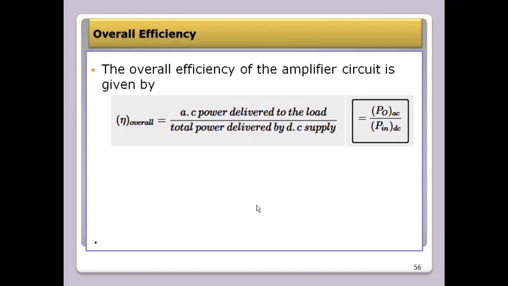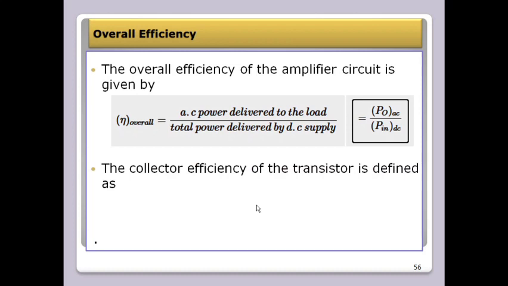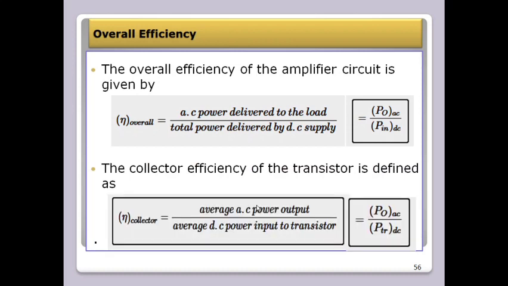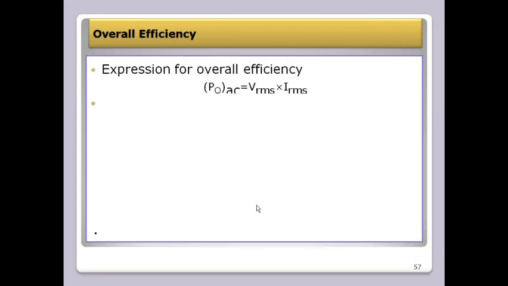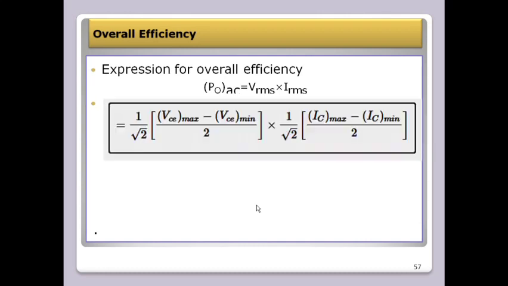So P naught, the AC output power, by the DC input power. The collector efficiency of the transistor is defined as the average AC power output by the average DC power input to the transistor. Now for the expression for overall efficiency, we can write the AC power output as Vrms into Irms.